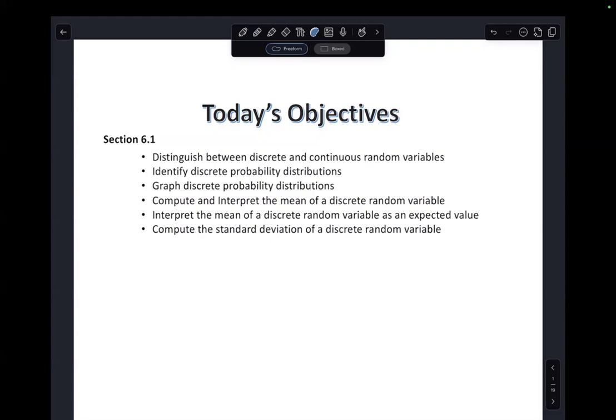We are going to graph discrete probability distributions so you can see what that looks like. Then we're going to look at the mean and the standard deviation of discrete random variables and learn a new term for mean, because we got to call it something different every once in a while. So maybe it's a nickname. It is actually kind of a nickname. And that's what we're doing today. We only have 19 slides, and on a normal night I'll have 35, 40, 45 slides, so 19 slides are going to go by pretty quickly. So let's get going.